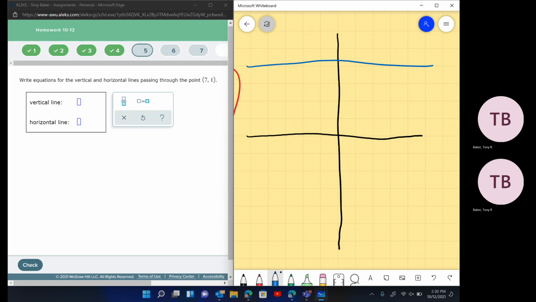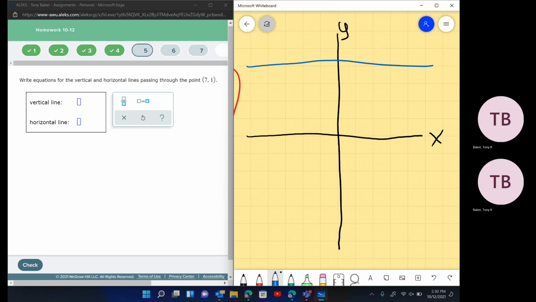Remember, this is my x and this is my y. It's the opposite of what you would think, because typically you think horizontal is the x-axis, because the x-axis is horizontal. That's absolutely true. However, if I was to draw a horizontal line, it's going to cross my y-axis.